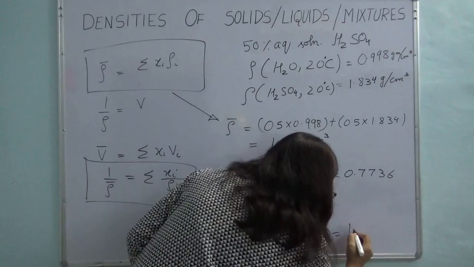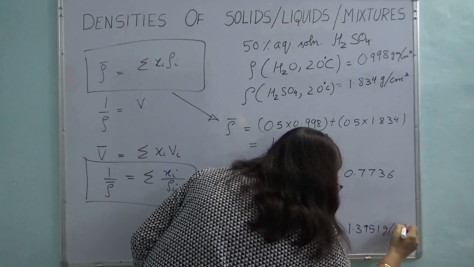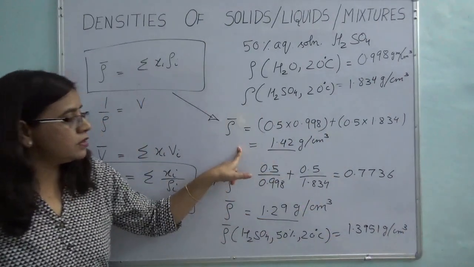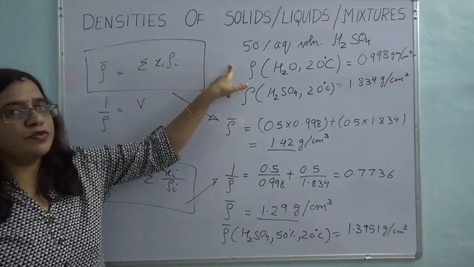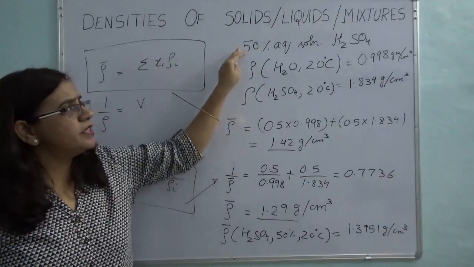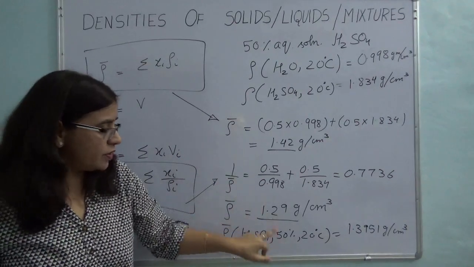The actual value comes out to be 1.3951 grams per centimeter cube. So I find that the experimental value matches with this first formula. For H2SO4, in future, if I have a 30%, 25%, whatever percent aqueous solution, I will prefer this formula over the other one.